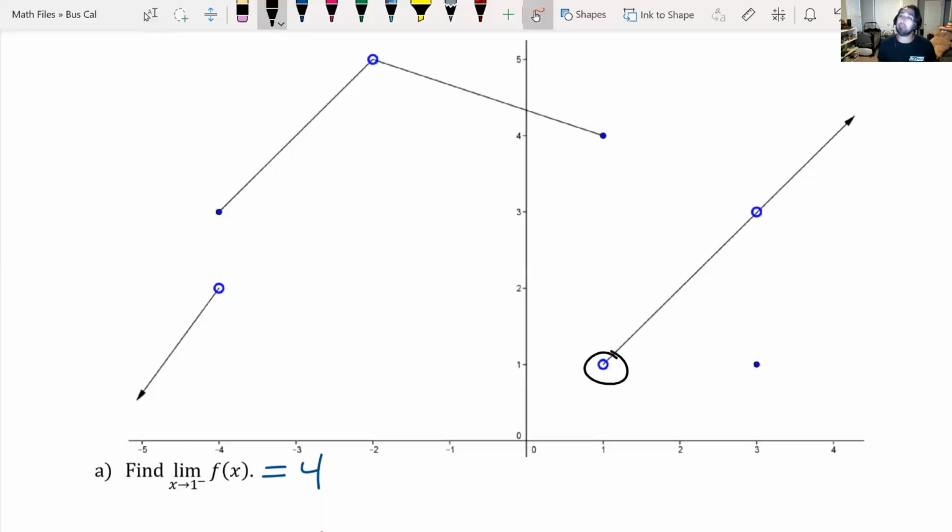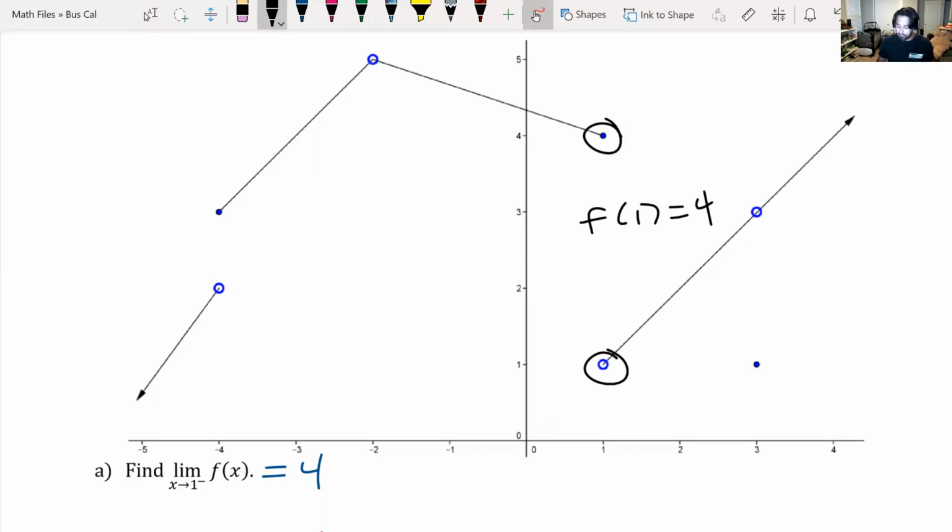So since 1 is undefined and 4 is defined, this means that f of 1 is going to be 4. We always, always, always state the defined point.